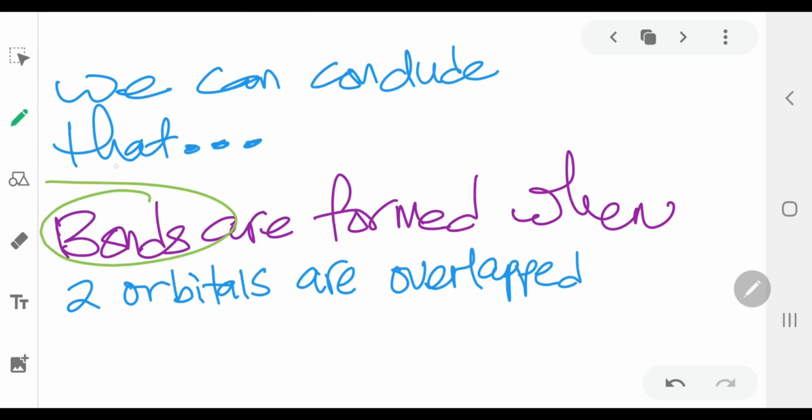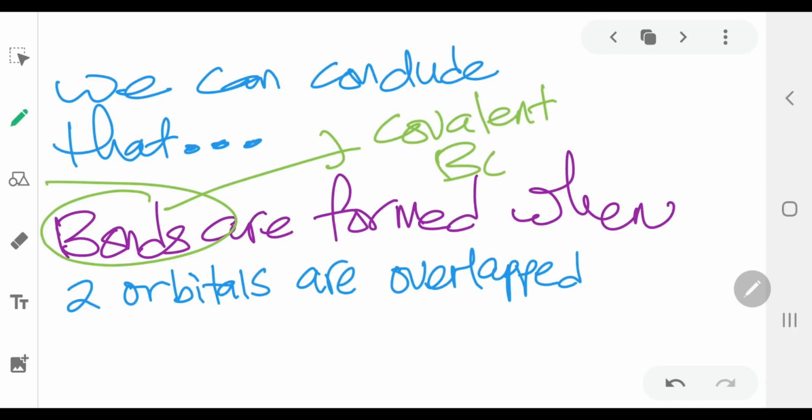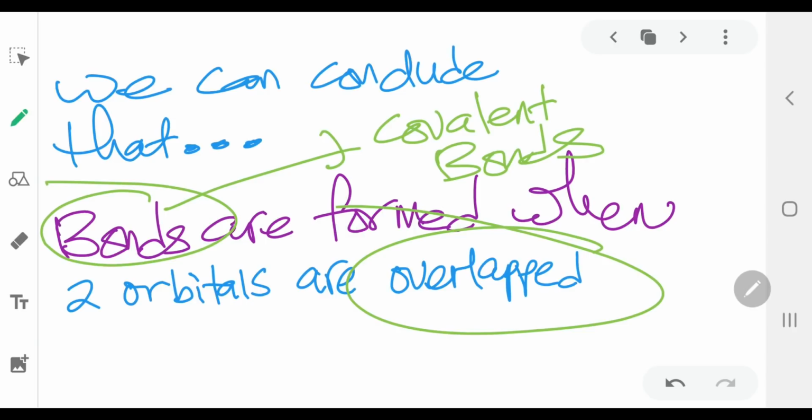The bonds that we are talking about here are covalent bonds. So when we want to form sigma bonds or pi bonds, we have to overlap two neighboring orbitals together. So the key idea over here is overlapping.